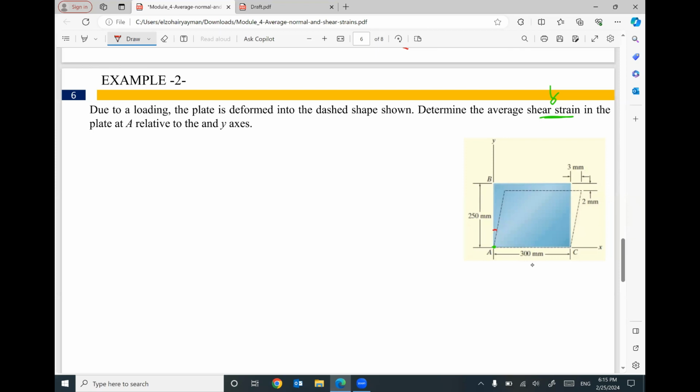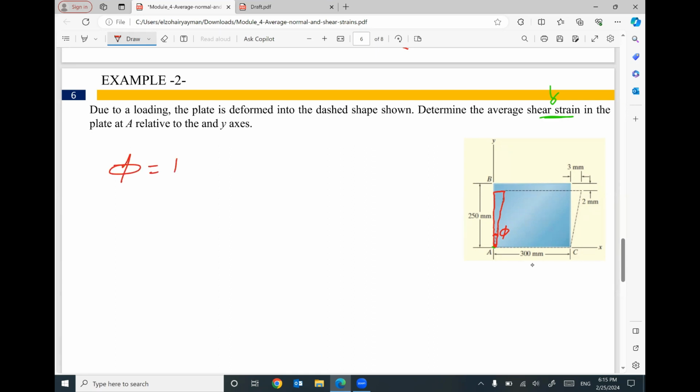How much is this angle phi? This angle will be inside this right angle triangle. So we need to figure out the value of this angle phi.